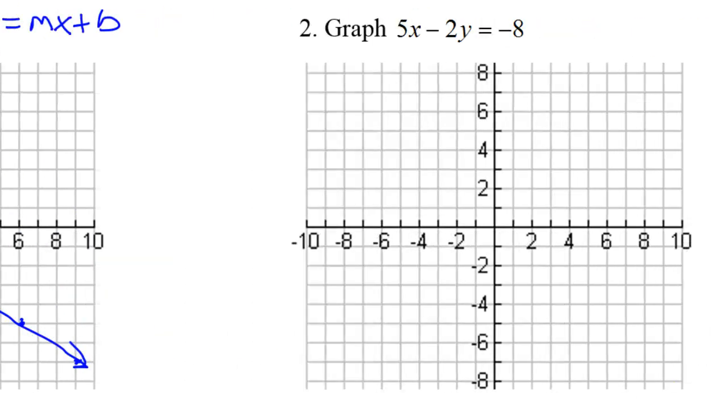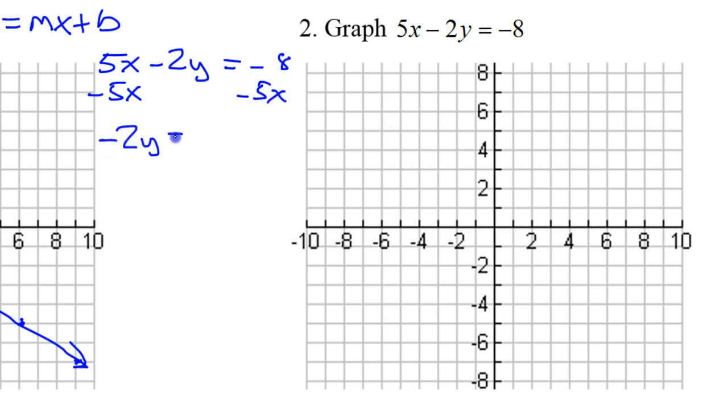Okay, looking at problem number 2. I'm going to rewrite this in slope-intercept form first. So if I have 5x minus 2y is equal to -8, first thing you want to do is subtract 5x from both sides. So that will leave you with -2y is equal to -5x minus 8.